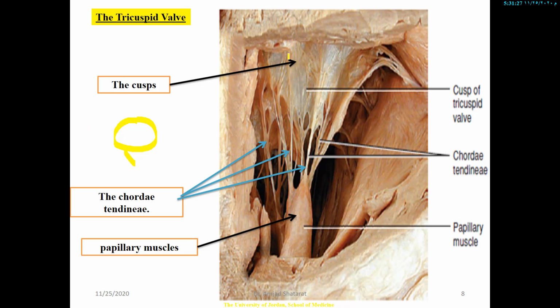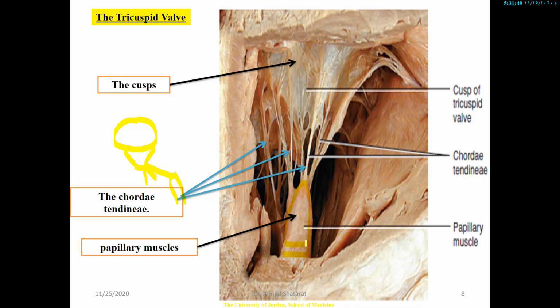Then we would now guard this orifice by means of the valve, which is in this case the cusp, and to each cusp, chordae tendineae, and of course with associated papillary muscles. So we can here go through them.